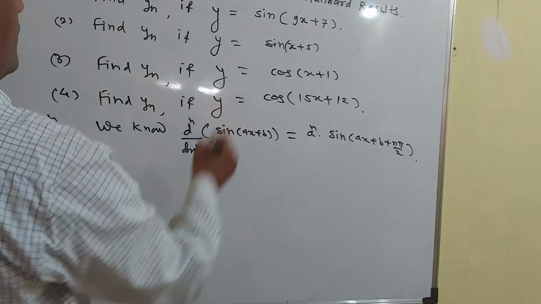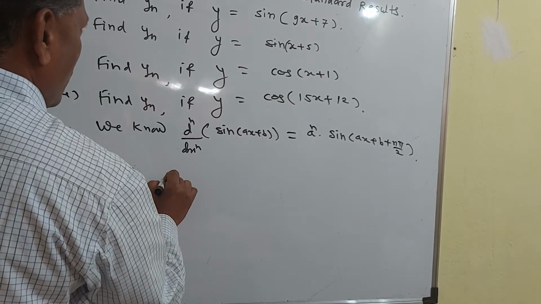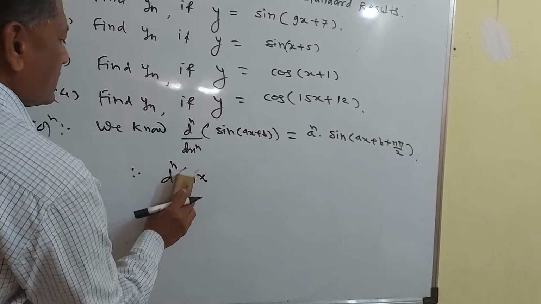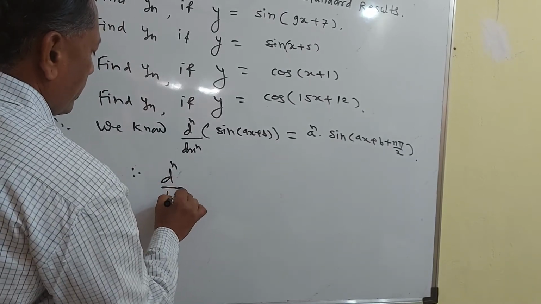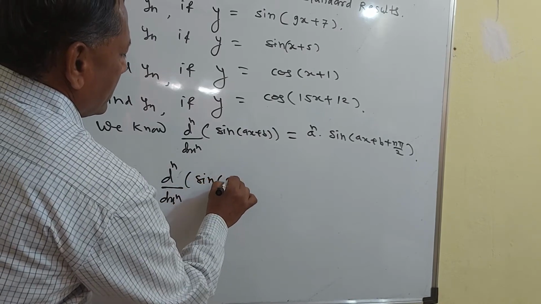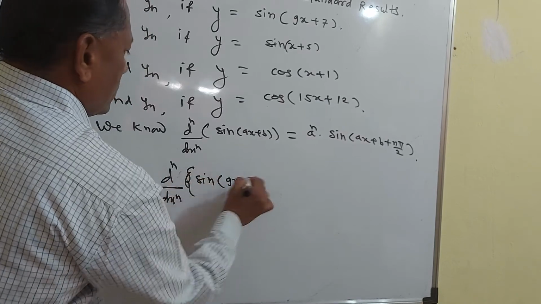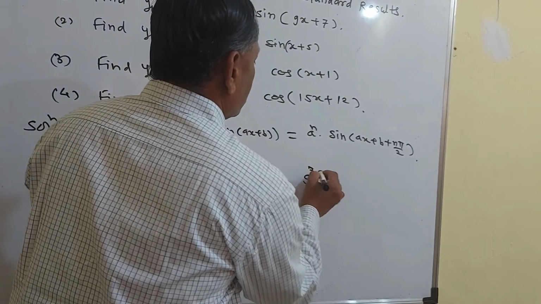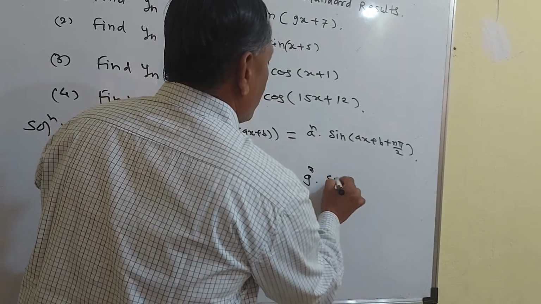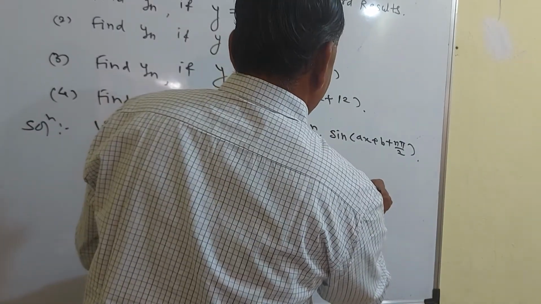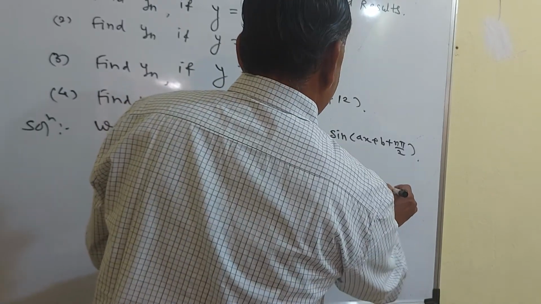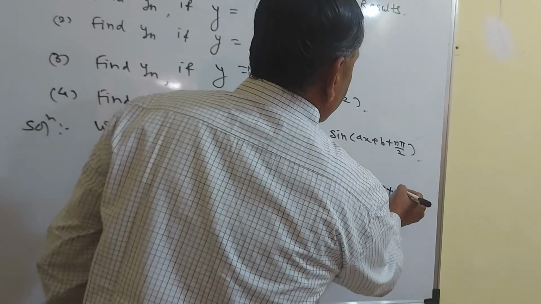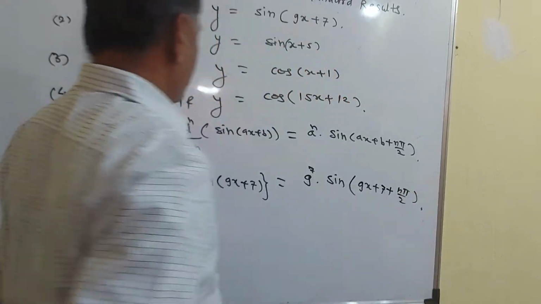So using this formula, therefore nth derivative, or yn, of sine of 9x plus 7 is equal to, what is a? a is 9. 9 raised to n into sine of 9x plus, not b, here b means 7, 9x plus 7 plus n pi by 2. So this is the nth derivative.